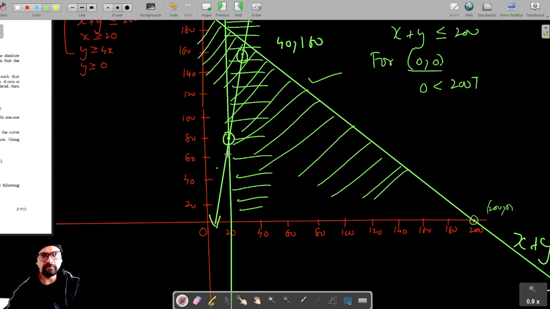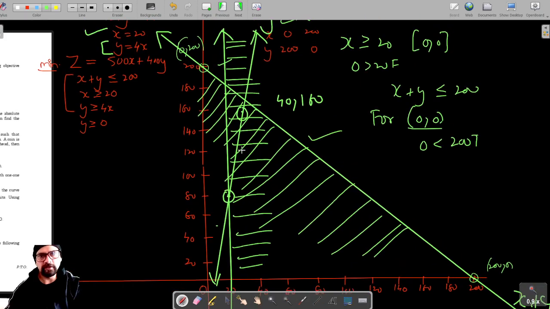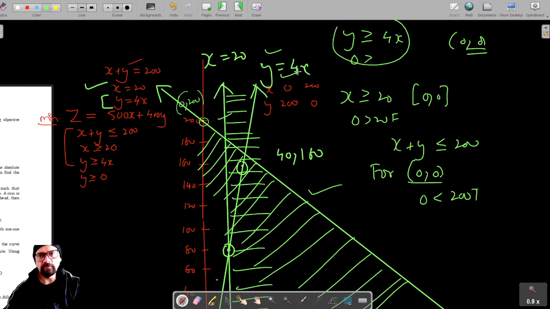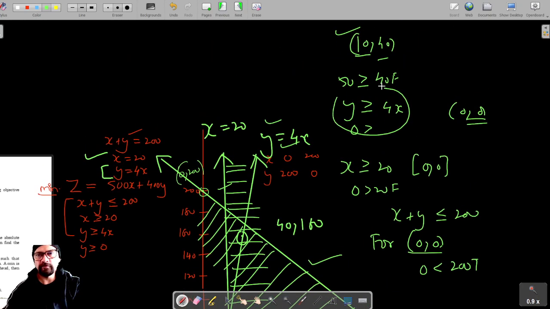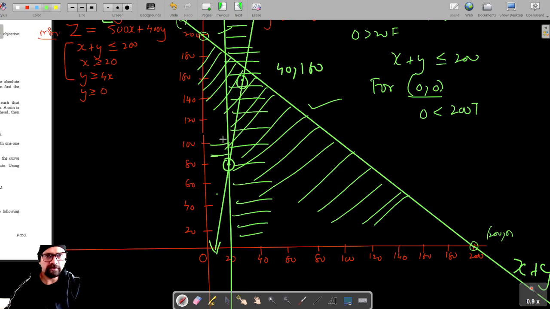So this equation has the graph in this plane.